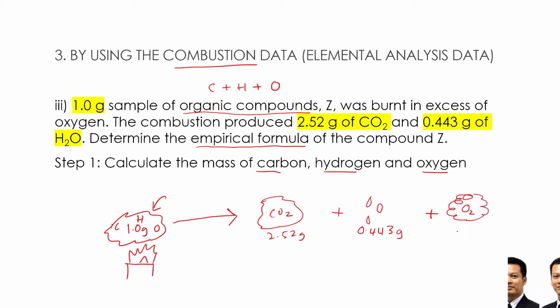And oxygen here, we don't know what is the mass that is produced. So you need to find out how many carbon in CO2, how many hydrogen in H2O. Okay, let's see in mathematical form.